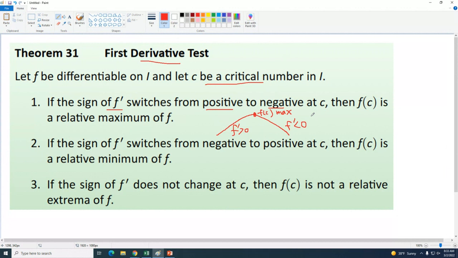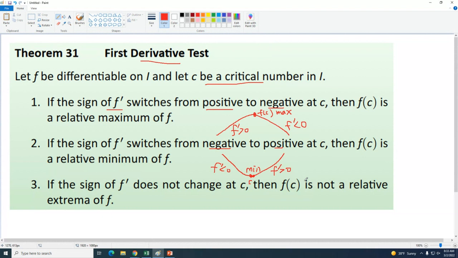Rule number 2 says if the derivative turns from negative to positive, meaning it's decreasing and then increasing, then what we have here is a minimum at C. So if before C it was negative and after C it is positive, then at C it must be a minimum.